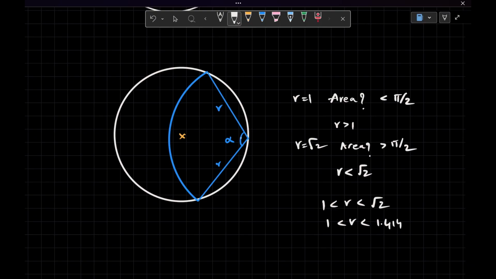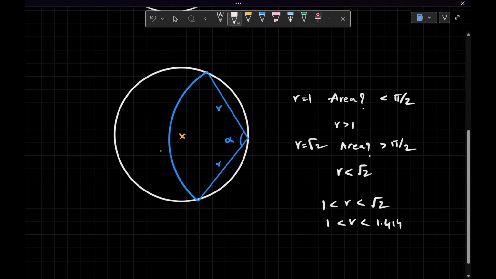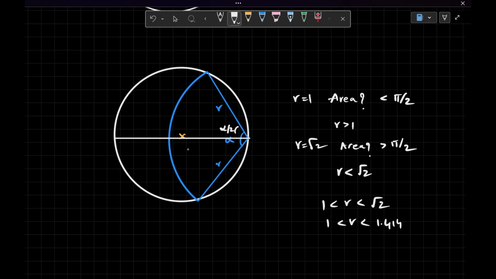But before getting that, I just want to quickly give you the relation between R and alpha. I will highly encourage you to do this, because this is not that tough actually. Let me show you. If you draw a diameter like this, and you know this value is actually alpha by 2, and the whole length is 2, because this is a unit circle.